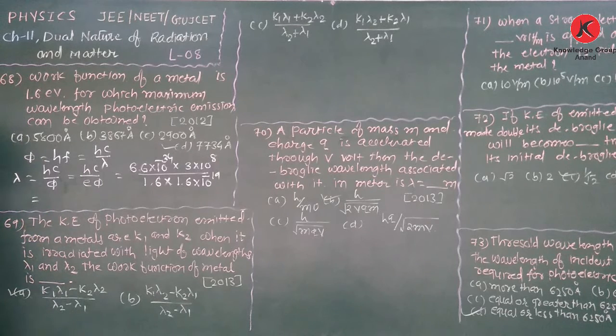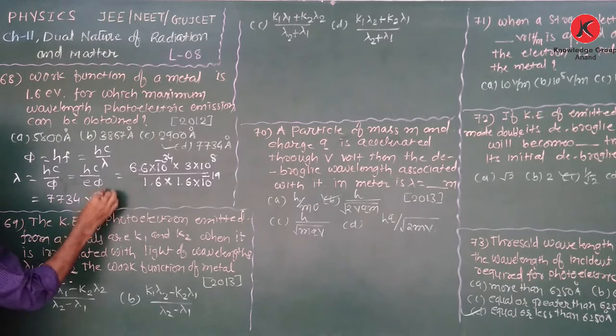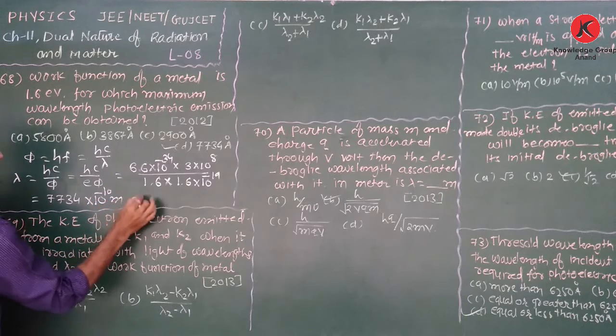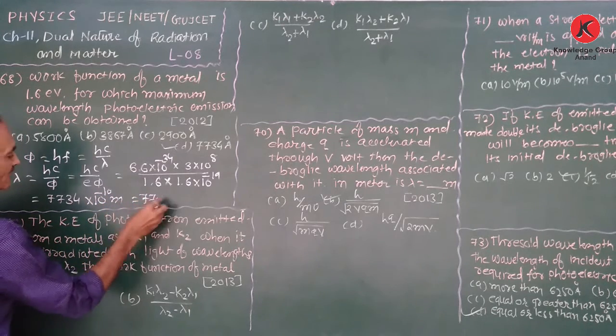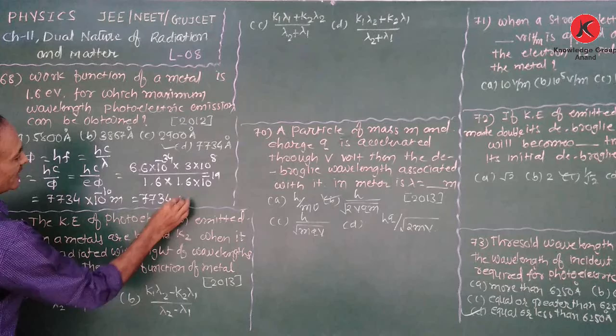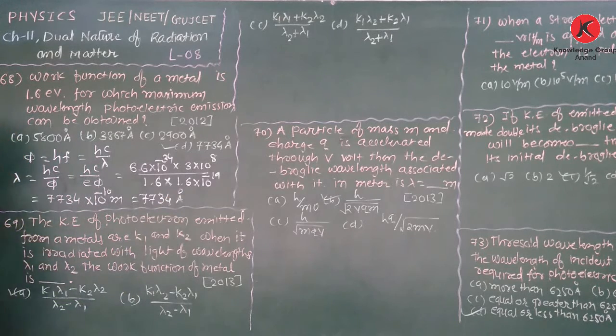We obtain the value of wavelength as 7734 angstrom. That means 10 to the power minus 10 meter is equal to one angstrom, so 7734 angstrom.